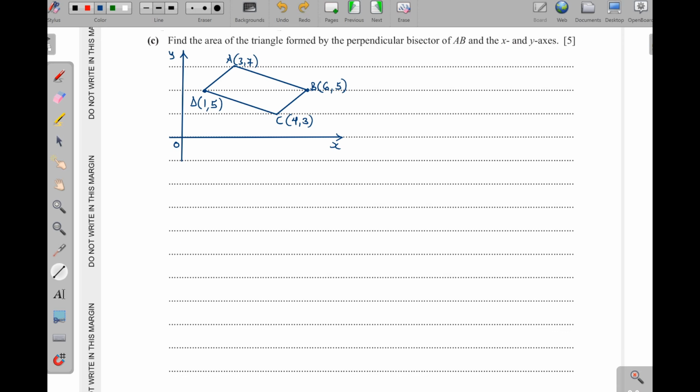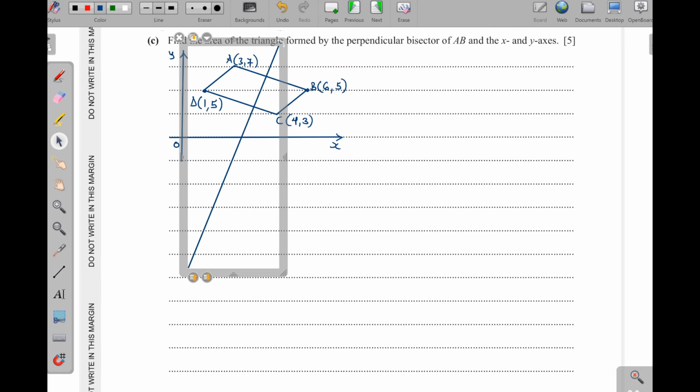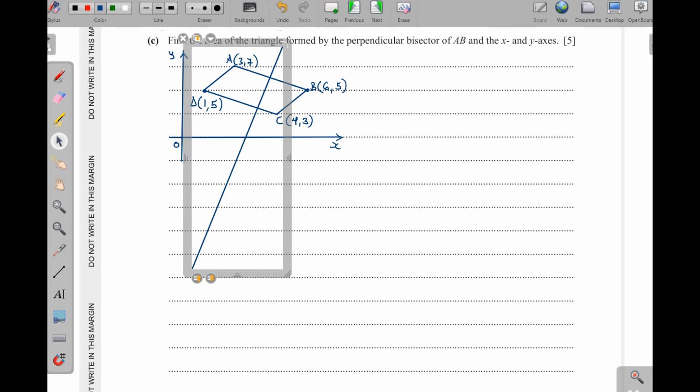It has to be perpendicular to what? To AB, and has to pass through the midpoint of AB. You see? Something like that.